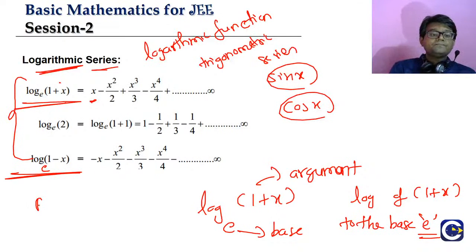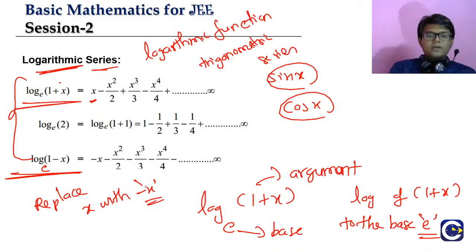Now in this, if we want to have log of 1 minus x, what are we going to do? Replace x with minus x. Now when you replace x with minus x, look at it. In the odd terms the power of x is odd, in the even terms the power of x is even. So when you do minus x whole square, minus x power 4, the minus will not be there, because minus into minus is plus.